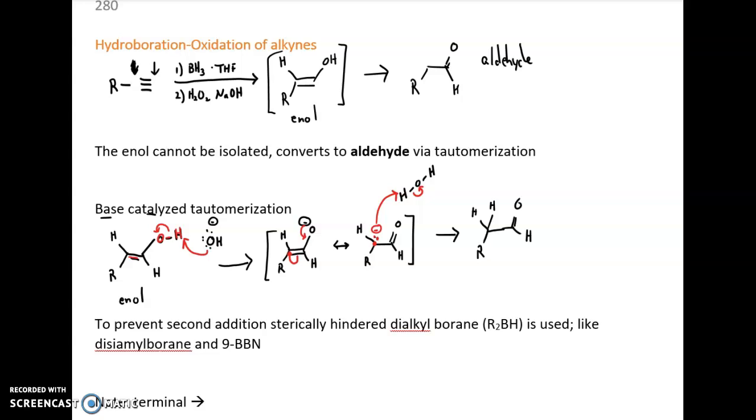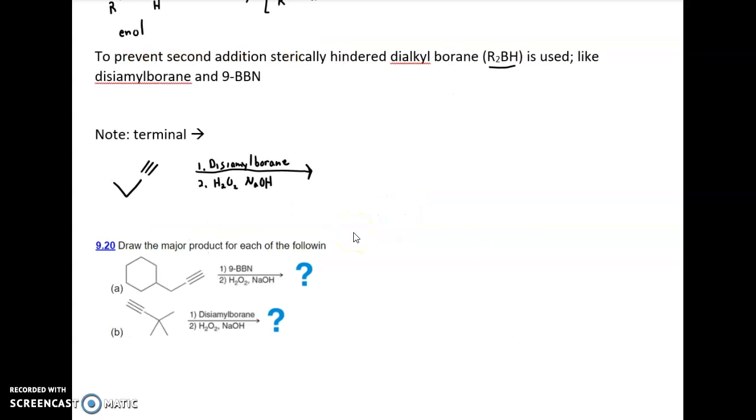Now, to prevent a second addition, a sterically hindered dialkyl borane is used. So you'll see R2BH as the abbreviation. The actual chemical names are disiamylborane and 9-BBN. My little note here is that a terminal alkyne will give you an aldehyde through this reaction.